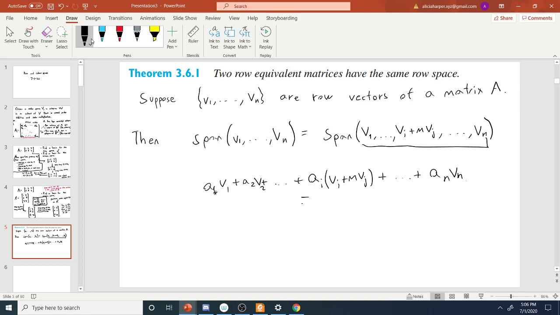Well, this is the same thing as A1 times V1 plus A2 times V2 plus so on.